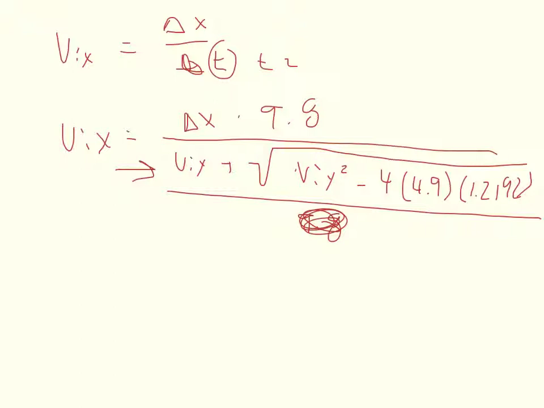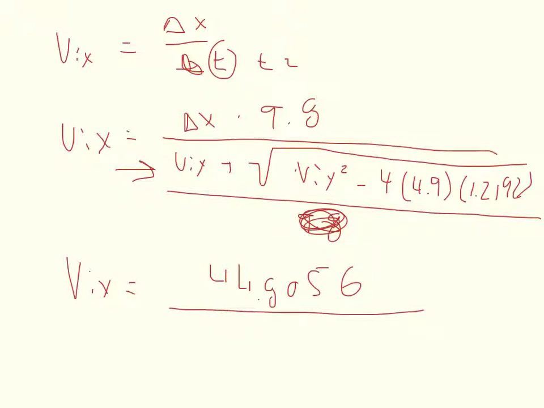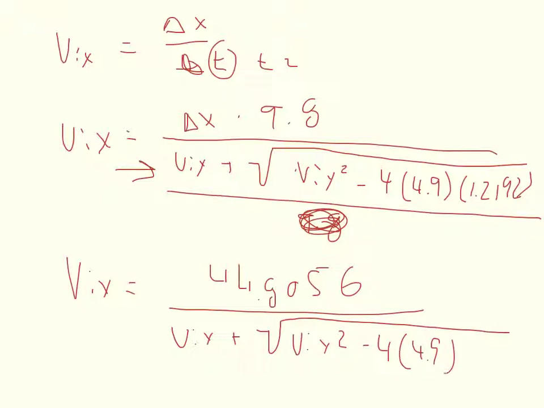So whenever you multiply that by 9.8, you get v initial x is equal to 44.8056 divided by v initial y plus the square root of v initial y squared minus 4 times 4.9 times 1.2192.